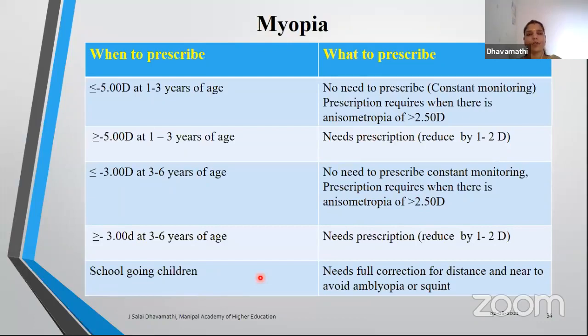Okay, and environmental modification is required. Make the child go outdoors and play a lot, so not stay indoors. The child should be outdoors. But because of this COVID pandemic, it is very difficult to make them play outdoors, so at least in their balconies or on the house terrace, you have to advise them to make the child play outdoors.